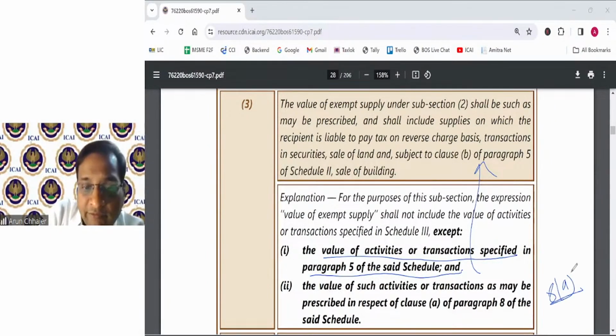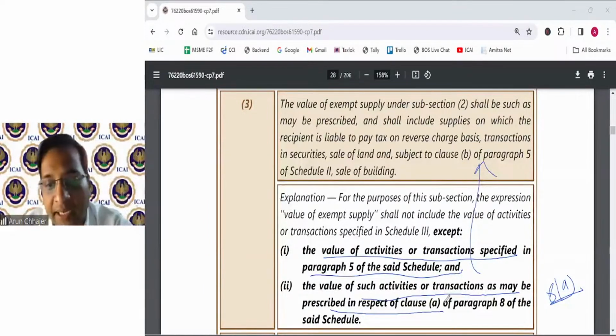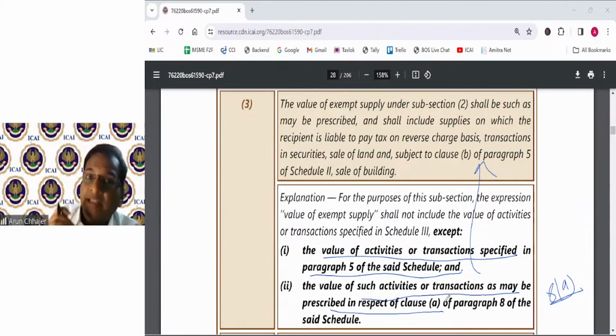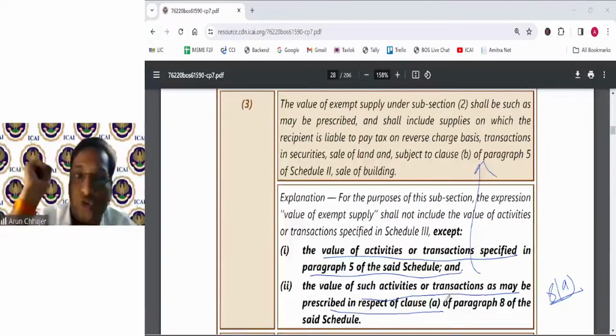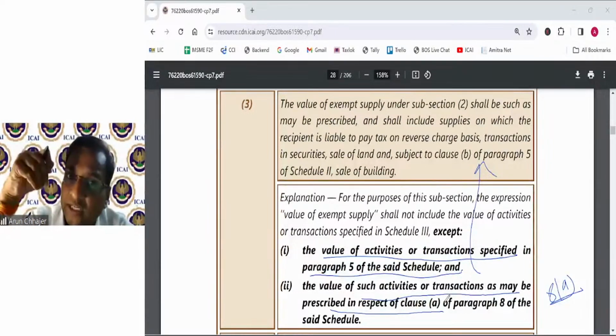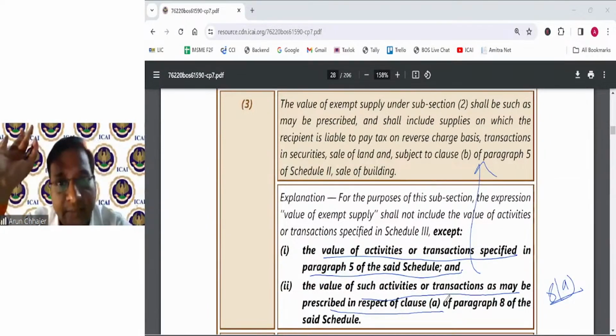Next is para 8A. 8A talks about the value of the activity or the transaction as may be prescribed in respect of para 8 clause A of Schedule 3. When you read para 8A, it talks about warehouse goods sold before filing the bill of entry for home consumption. It means before filing the bill of entry, if you sell the warehouse goods, the goods have reached the customs and are lying in the customs bonded warehouse.